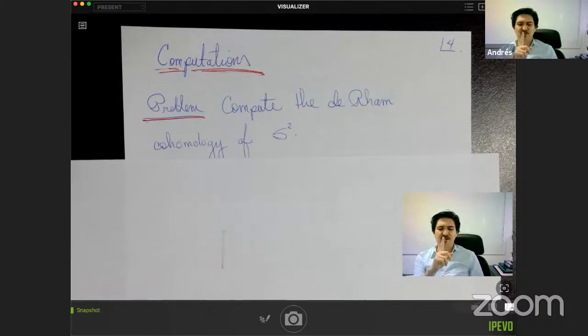The missing vector space was H1 of the circle. And because we had an exact sequence, we used a result from linear algebra. The alternating sum of the dimensions has to be zero. And that's how we figured out that the dimension of H1 of the circle had to be 1, because we knew all of the other spaces except for H1 of the circle.